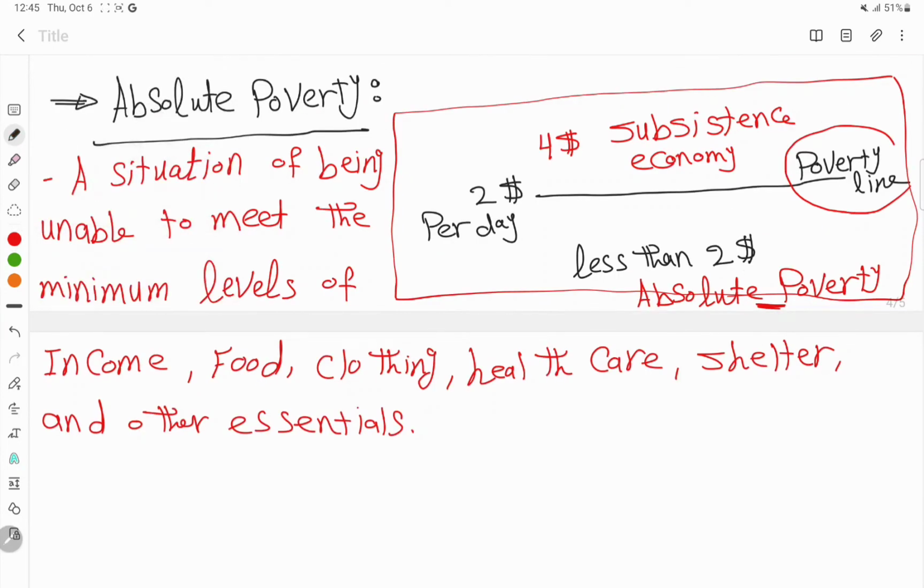So absolute poverty: people are unable to meet essential goods or minimum levels of income, food, clothing, healthcare.